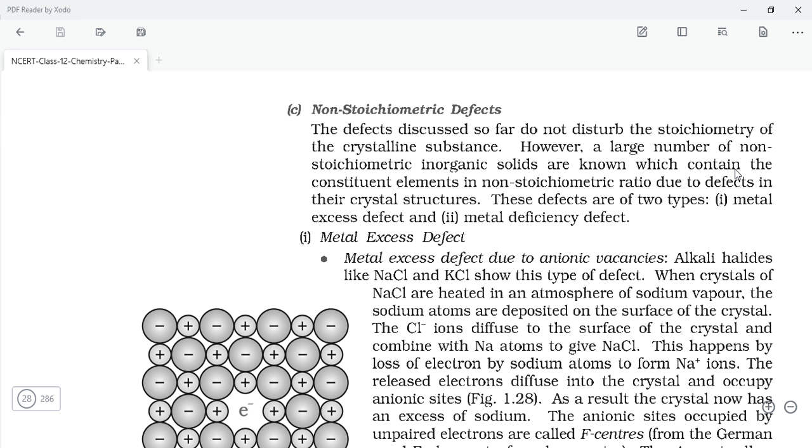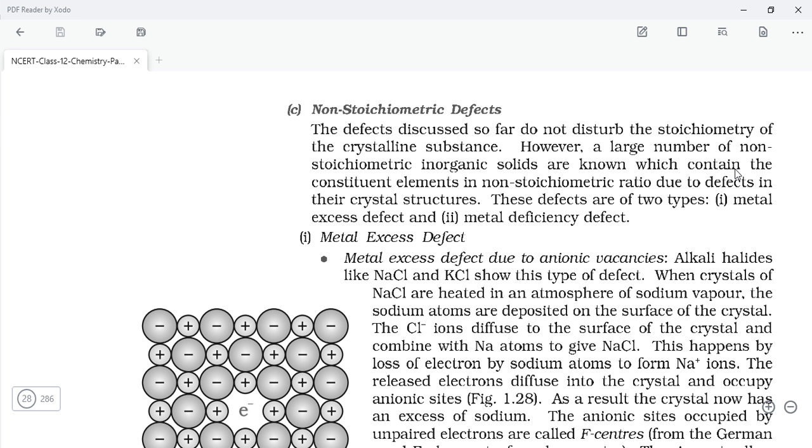As the metal part or the metal ions increase, the anion part decreases with respect to metals.